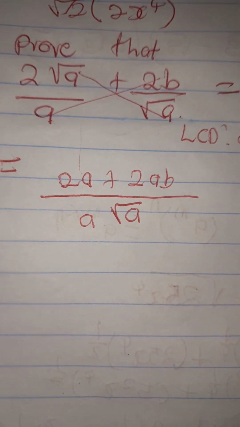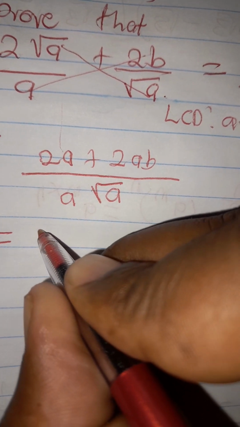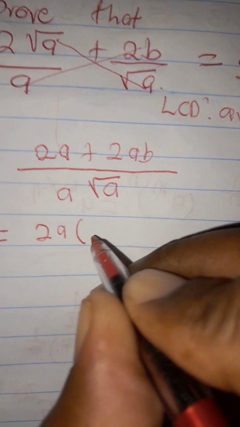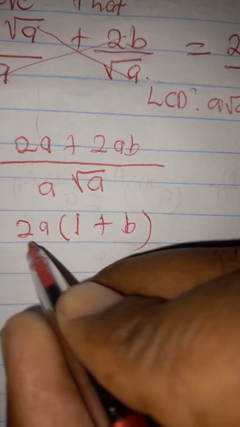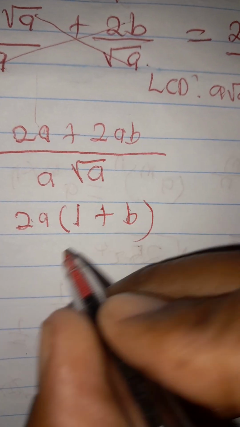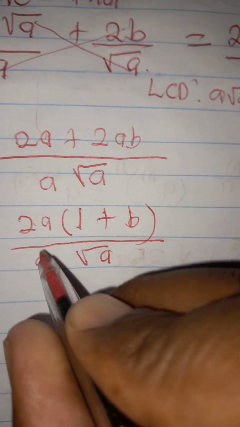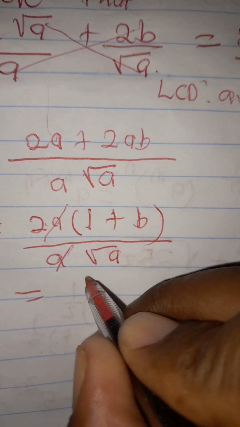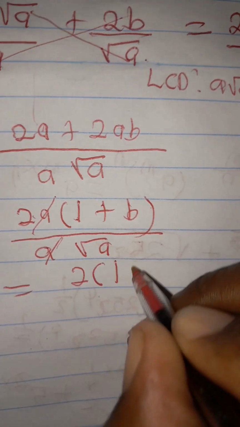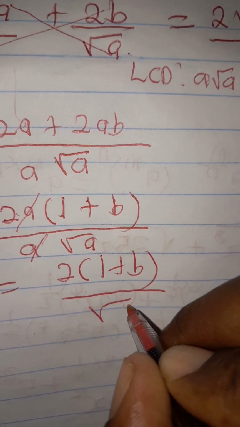Right. Okay. So what we could do here is take out the common factor. We can say 2a, then we'll be left with 1 plus b, because 2a times 1 is the same as 2a, and 2a times b is the same as 2ab. Then we're having a root a there. What we can see, this and this are common, they will cancel each other. Then we're left with 2, 1 plus b, divided by root a.